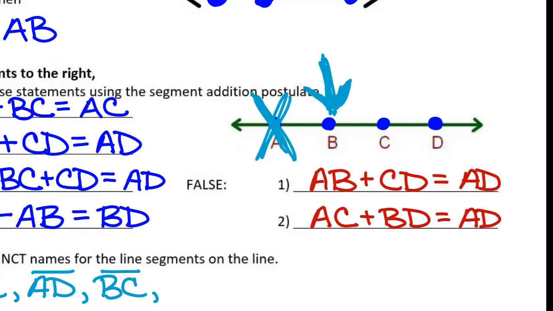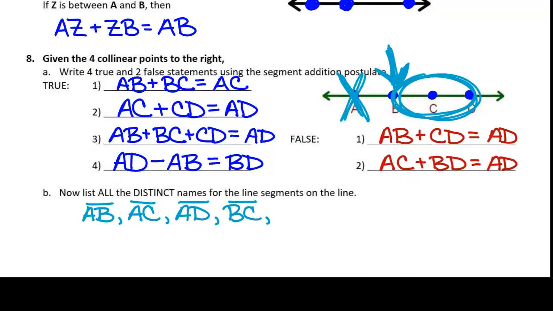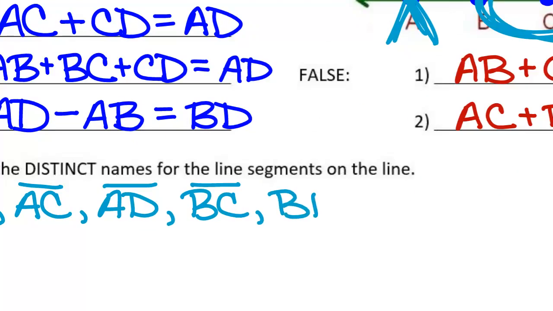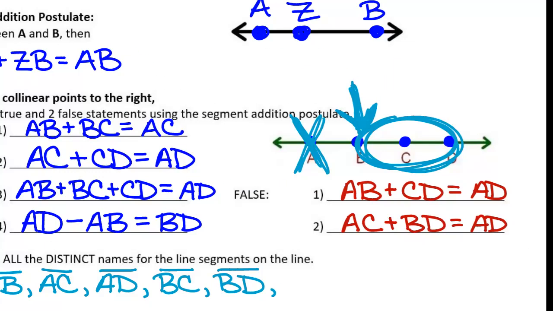Is there a slightly larger segment that I could make? BD. We could make this line segment right here. BD. Are there any other line segments that I can make that have B as an endpoint? No. So I'm going to scoot over again.